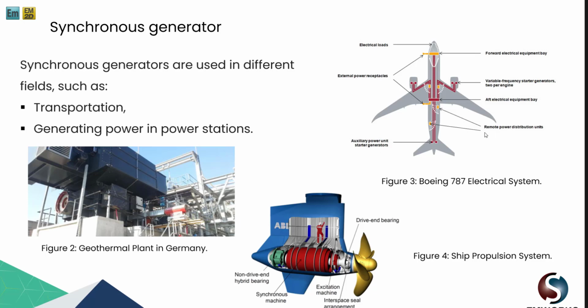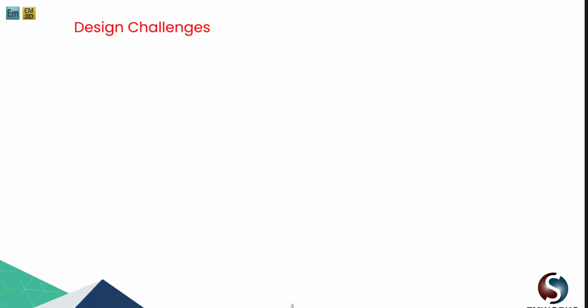There are tens of generators in one single airplane, in this case the Boeing 787 electrical systems. Ship propulsion systems also have so many generators. Generators are everywhere, so you better know how to design and optimize them.